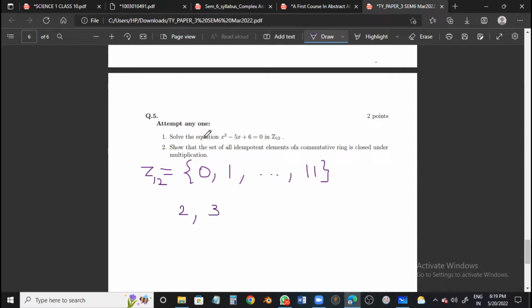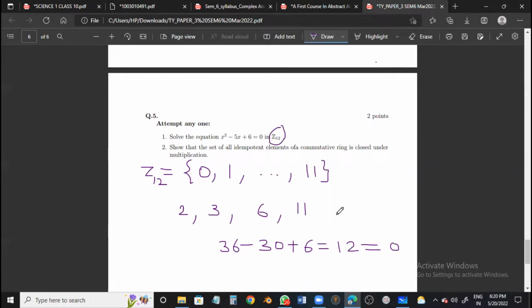They will surely satisfy this equation. And for the next entries, we have already done this, 6 and 11. What is 6 square? 36. Minus 5 6s are 30, plus 6, meaning you got 12, and 12 divided by 12 is nothing but 0 in this case, because you are in Z12.